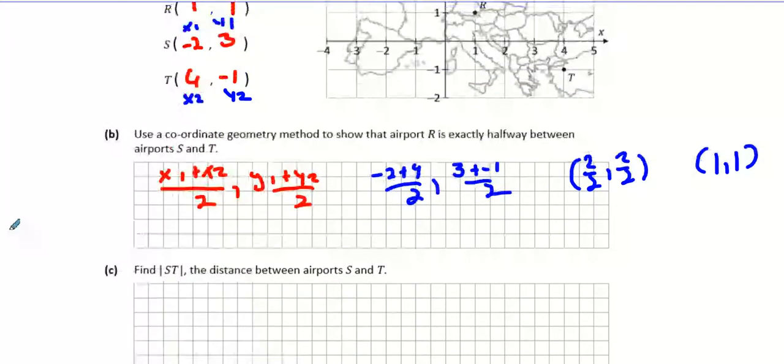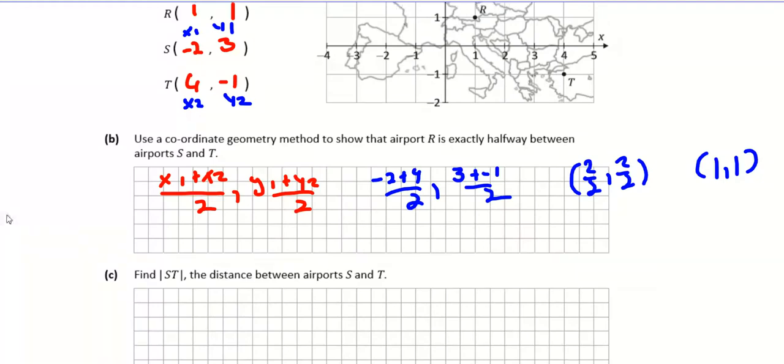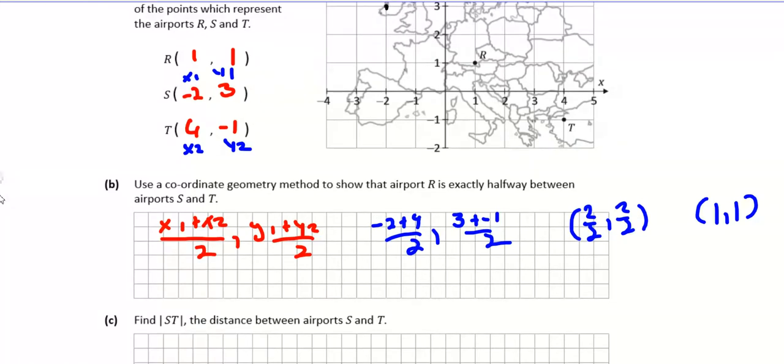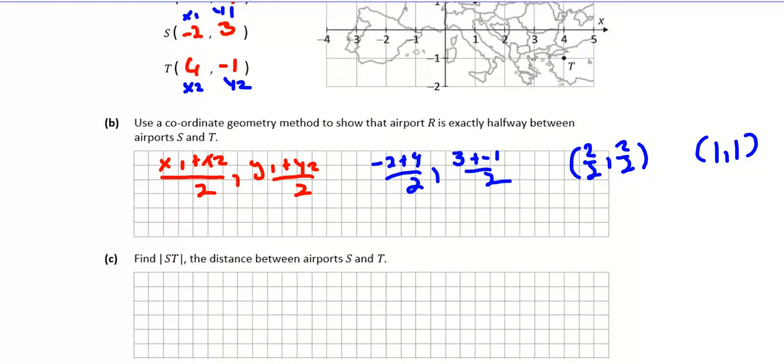Find the distance between airport S and airport T. So essentially we're finding how far this line is from S to T. We're going to use the distance formula, which is the square root of x2 take away x1 squared plus y2 take away y1 squared.